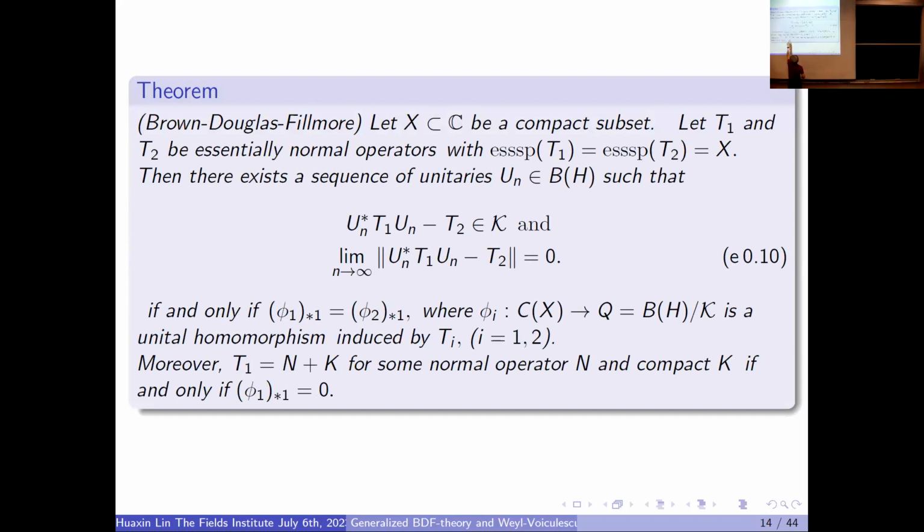I don't remember it actually stating the BDF theorem, but it follows from their theorem. So it sort of classifies these essential extensions of C(X) up to this strong version of approximate unitary equivalence. Okay.